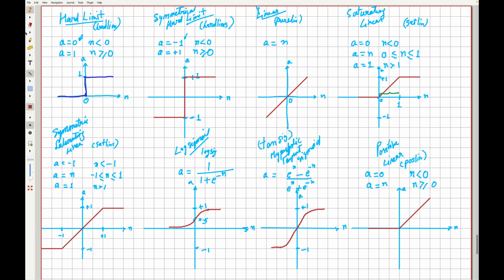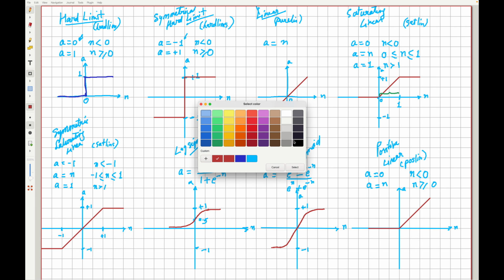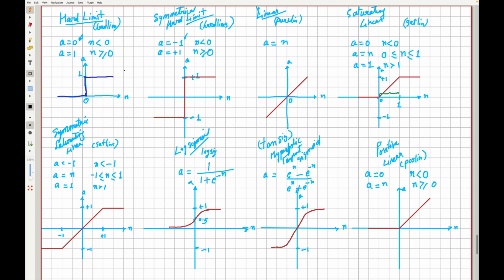So these are the transfer functions that you will see in this series on neural network design. They may be shown in the neural network in the form of a box. For example, you might see a box like this, and in the box you might see the curve drawn symbolically.